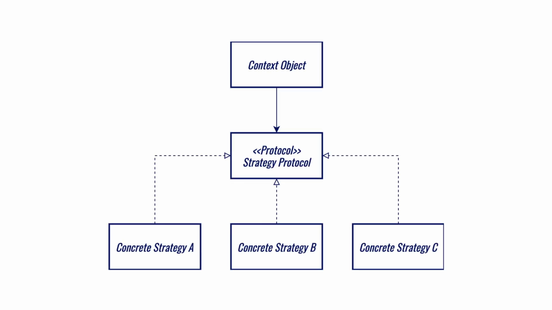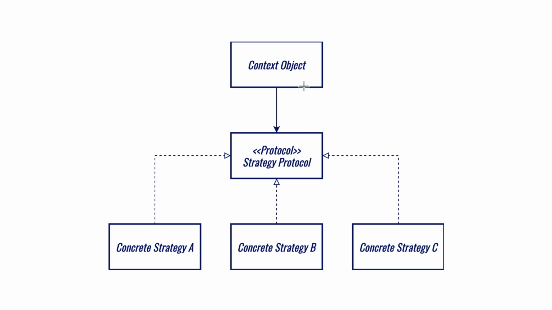If you look into the structure of the strategy design pattern, there are majorly three components. Number one, strategy protocol. Number two, concrete strategy. And number three, context object. Strategy protocol is basically the blueprint that defines the common behavior among all the algorithms, and concrete strategy is the class that implements a strategy protocol and gives you the actual implementation of the algorithm.